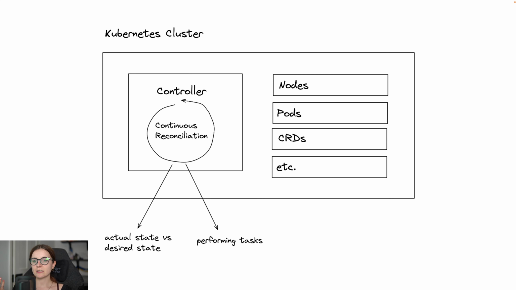And a lot of it is, for example, within GitOps. If you're familiar with GitOps, if not, then don't worry about the term GitOps. But ultimately, controllers check, for example, the actual state, what's running within your cluster, against the desired state, what you want to have running in your cluster. The desired state might be defined in GitOps, in Git. Then it will compare both states and perform tasks on those comparisons.